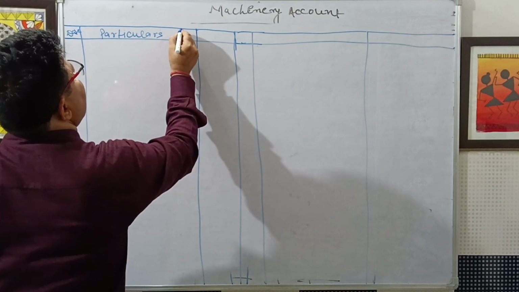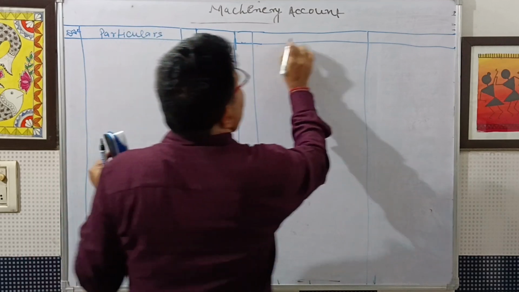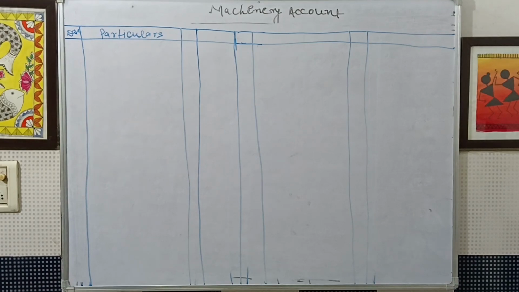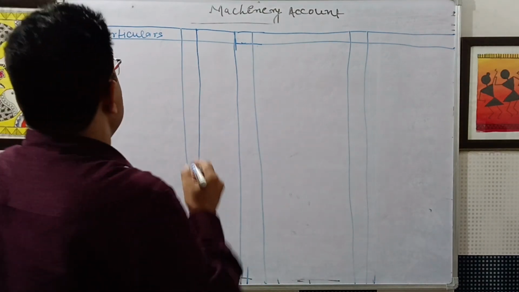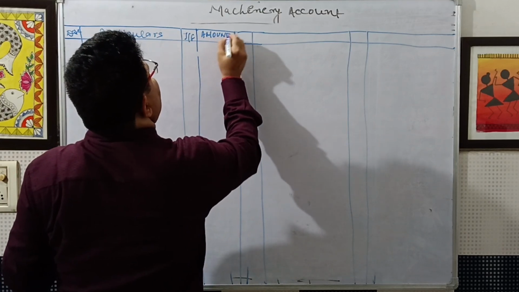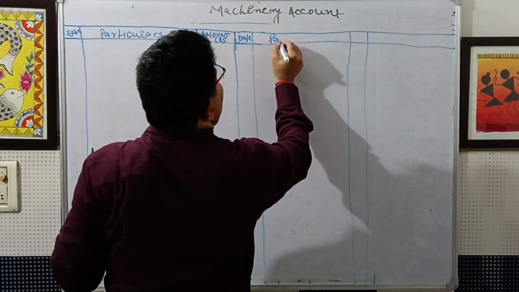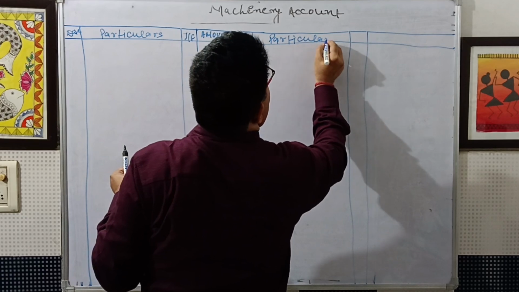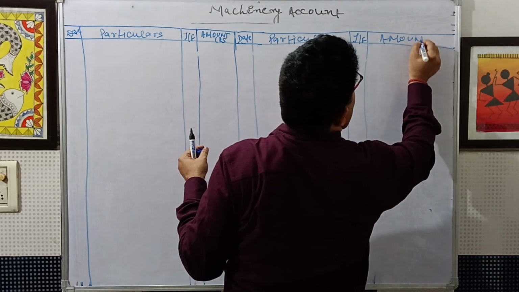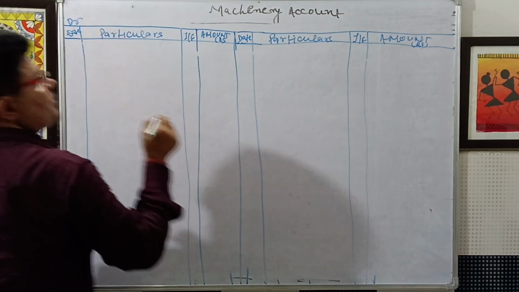Date, particulars, JF, amount, debit, credit.